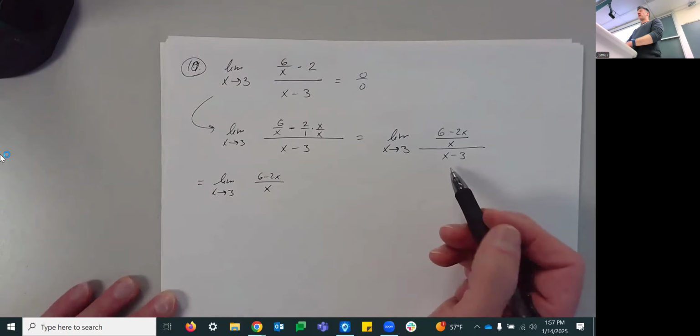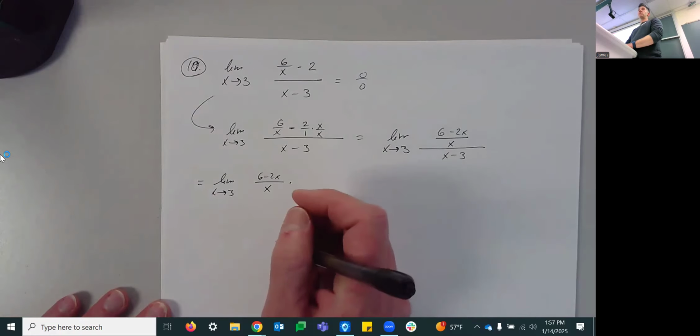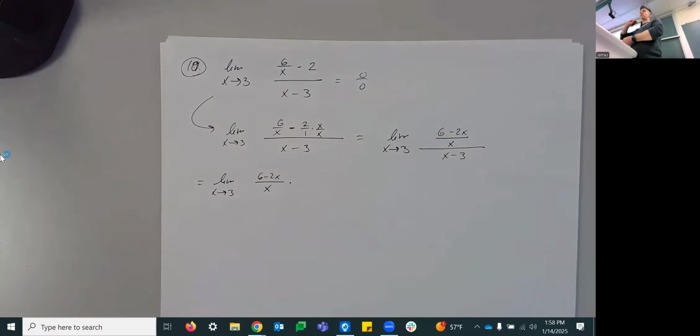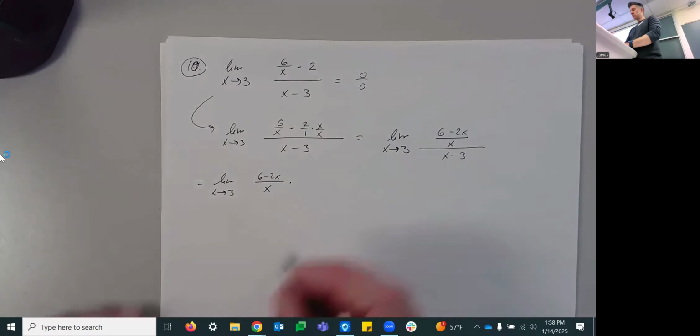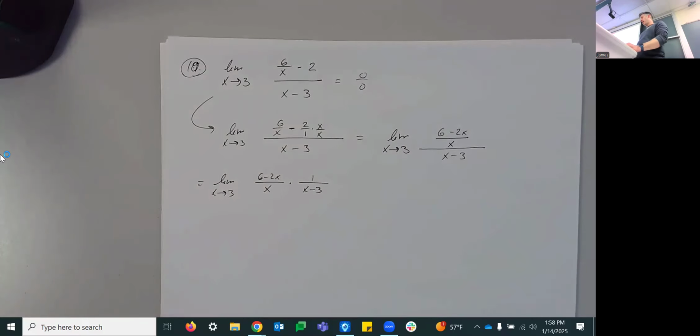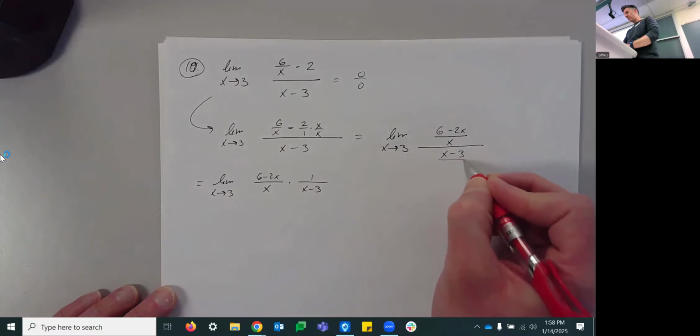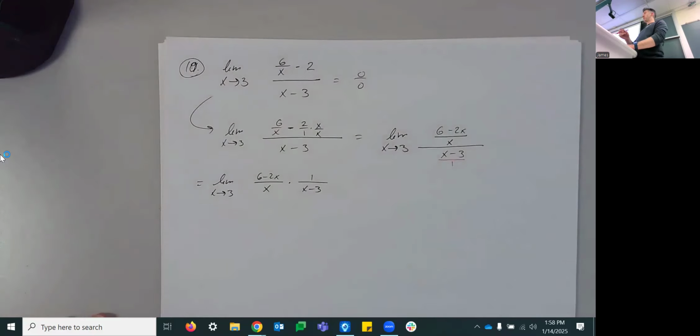Instead of dividing by x minus 3, we're going to multiply by the reciprocal, 1 over x minus 3. If you don't love that, I'll remind you that this denominator really is x minus 3 divided by 1. So we're really flipping and multiplying.